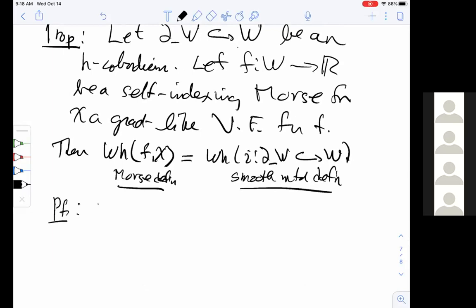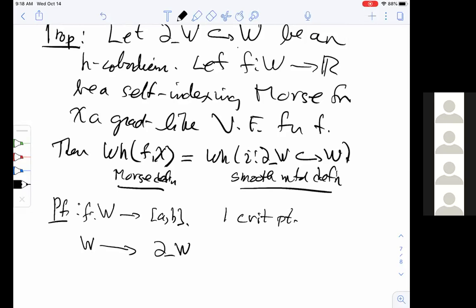Remember, if W has a Morse function with exactly one critical point, we defined a retraction from W onto boundary minus W, F inverse A, union a disk of dimension equal to the index.